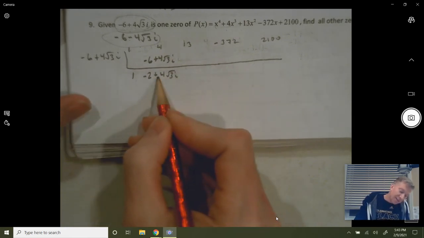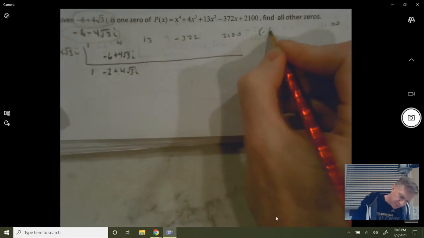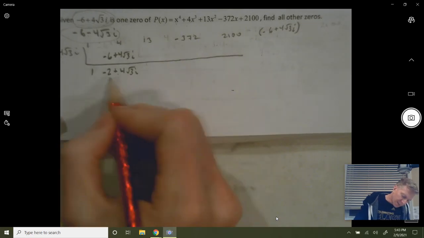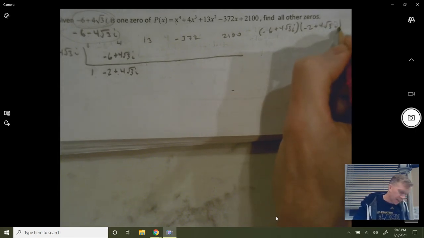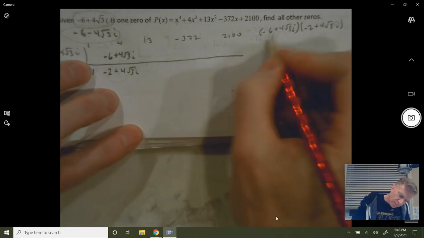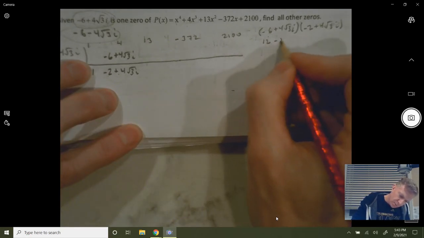Now this thing times this. I'm going to go over here and do this: negative 6 plus 4 rad 3i times negative 2 plus 4 rad 3i. I get 12. The outers give me minus 24 rad 3i.